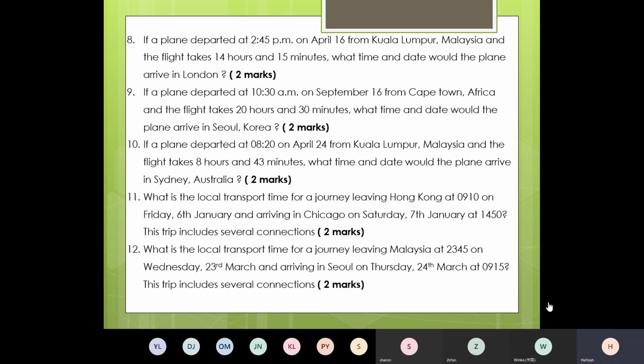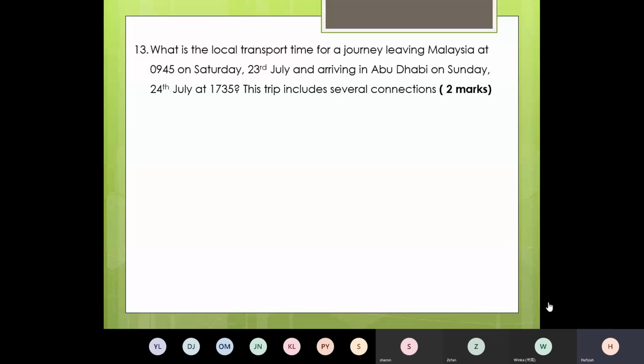Okay, the last one. So what is the answer? Dubai, Abu Dhabi, plus 4.